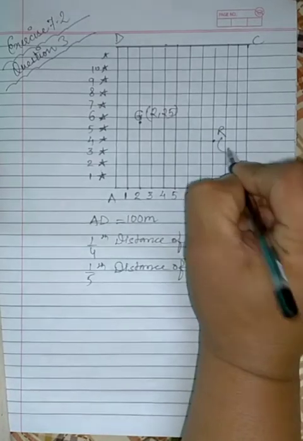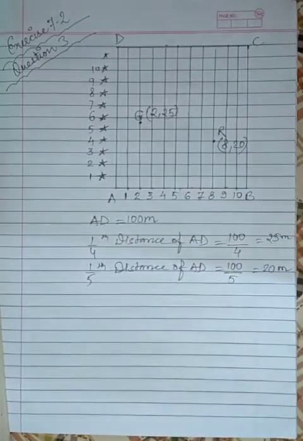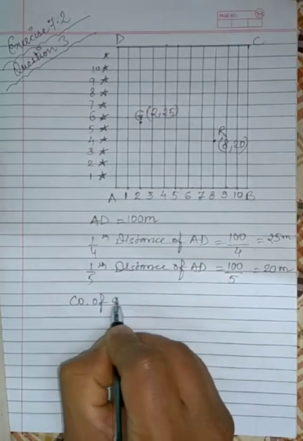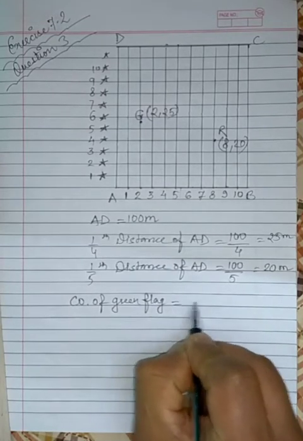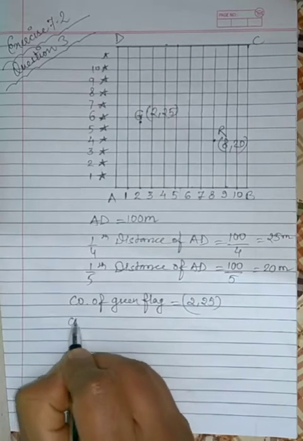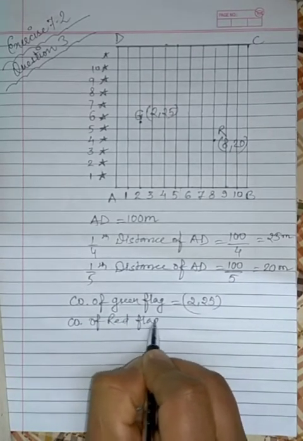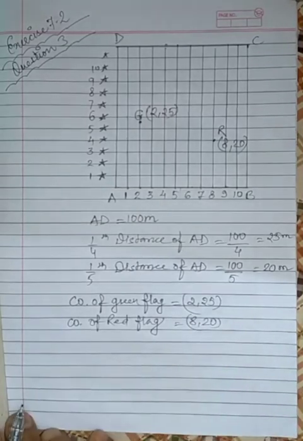So the coordinates for Preet will be 8, 20. Okay. So coordinates of the green flag are 2, 25. Coordinates of the red flag are 8, 20.